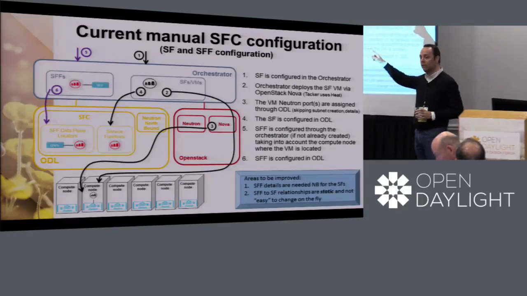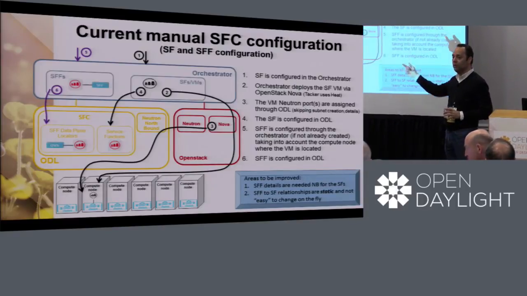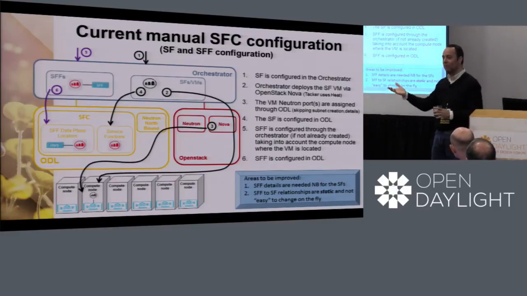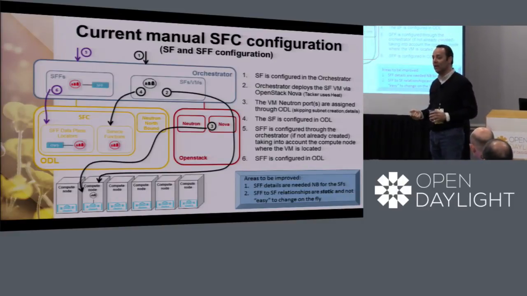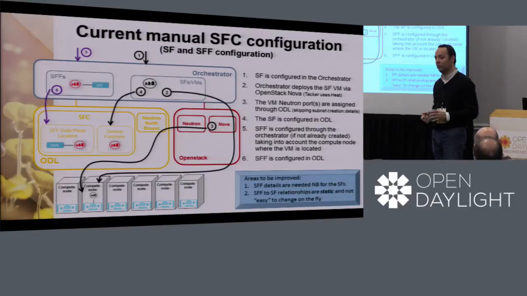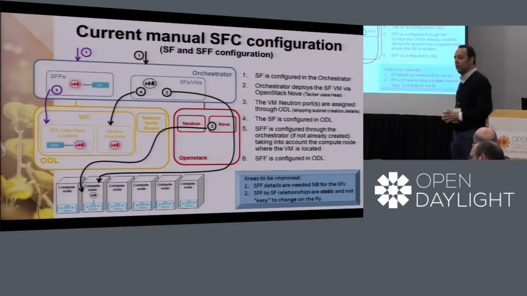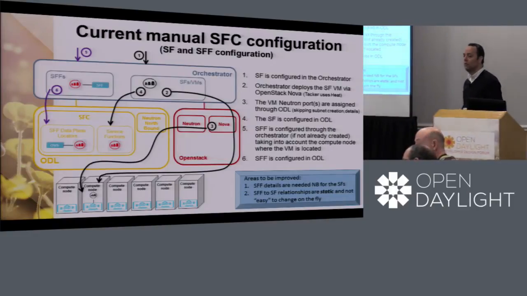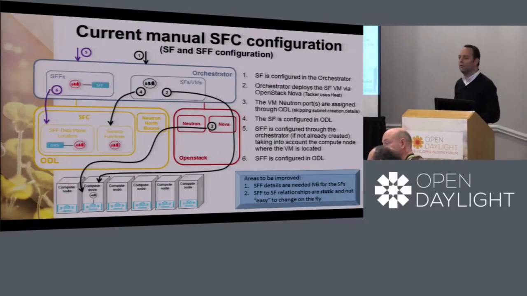We have to configure the service function forwarder in the orchestrator. Why do I need to know that northbound? When the orchestrator brings up the VM, it can give me the information that I need to figure out where the service function forwarder is, right? So even in the code today, you can just ignore the fact that you're looking for the SFF. You can dip into OVSDB and say, hey, tell me where this port is. And it'll return the SFF too.